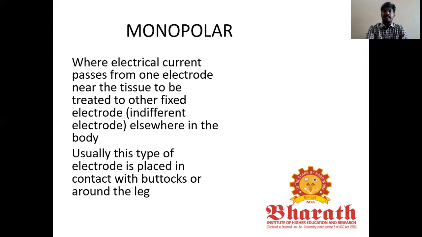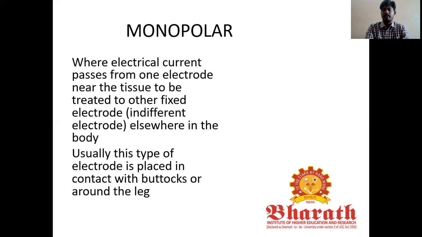Electrical current passes from one electrode near the tissue to be treated to another fixed electrode, the indifferent electrode, placed elsewhere in the body. Usually this electrode is placed in contact with the buttocks or around the leg.